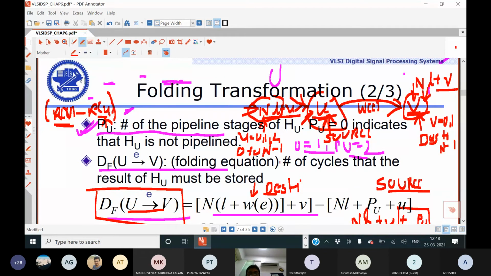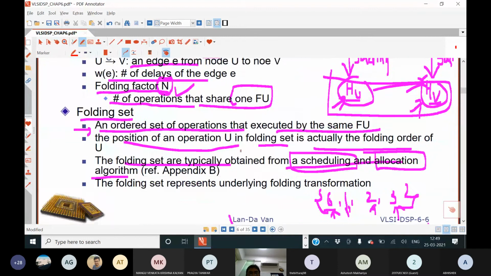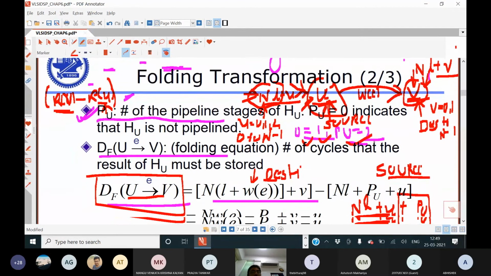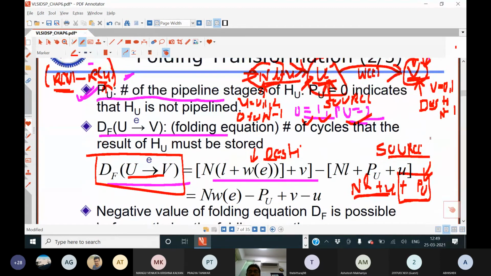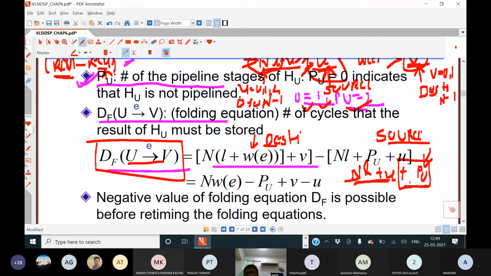PU could be 0, 1 or 2. 0 means there is no pipeline stage, 1 means one pipeline stage, 2 means there are 2 pipeline stages. So PU always needs to be included because that defines when U will complete its execution. So NL plus U plus PU is very important.